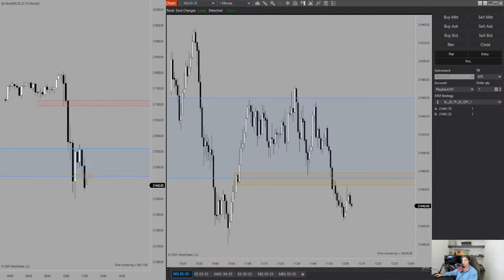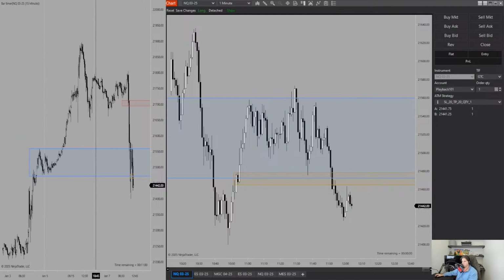So we just got a new hourly candle closure. Pretty bearish. Looks like it's gonna dig deeper into this consolidation here.